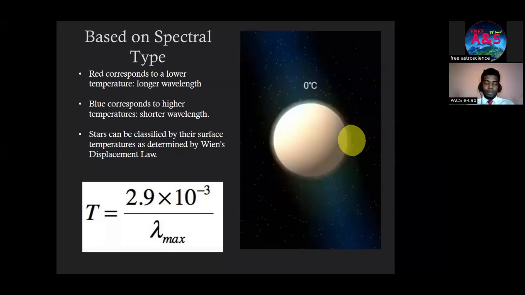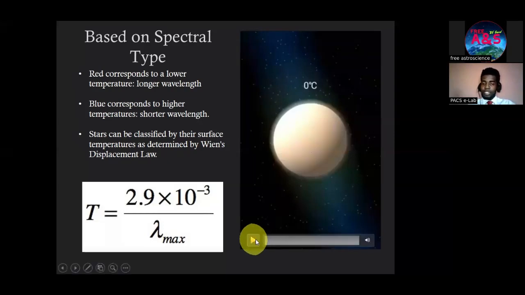Red corresponds to lower temperature and longer wavelength, and blue corresponds to higher temperature and shorter wavelength. Wien's displacement law is used to describe this relationship between temperature and the wavelength of these stars.